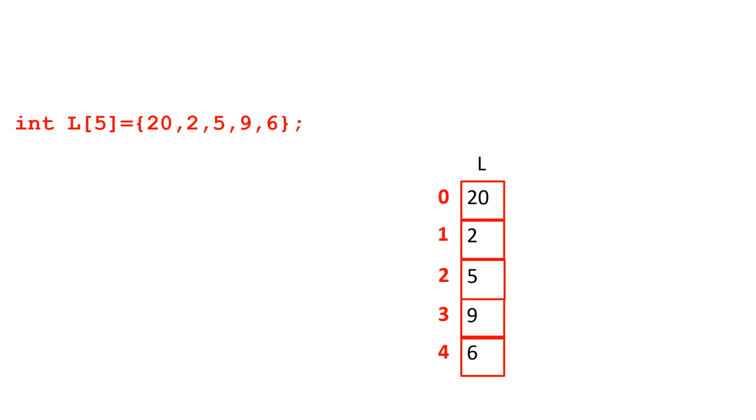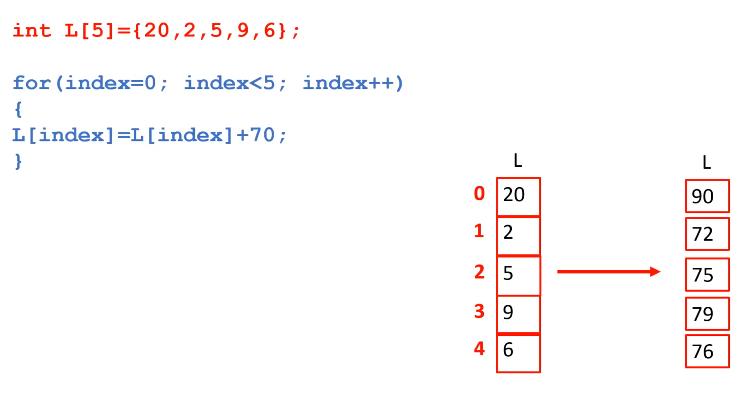When the compiler reads this statement, it will allocate 5 memory spaces for this array, and at these memory spaces 5 values of the array will be stored, and every value of the array will be given a numbering, and this numbering is called an index. 20 has index 0, 2 has index 1, and in the same way other values have indexes.